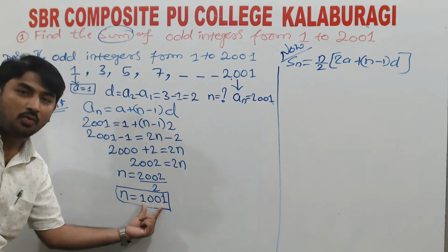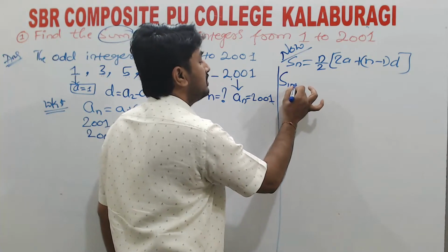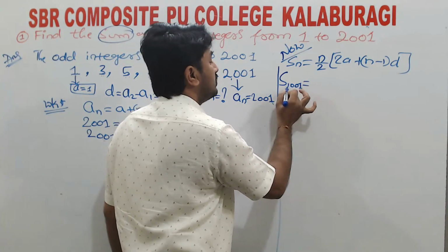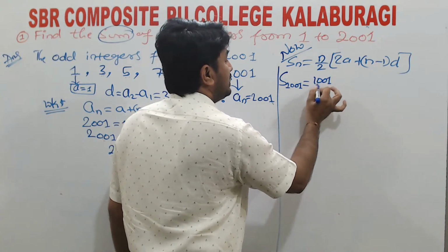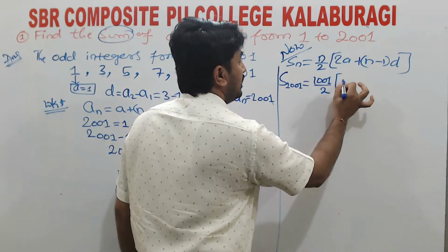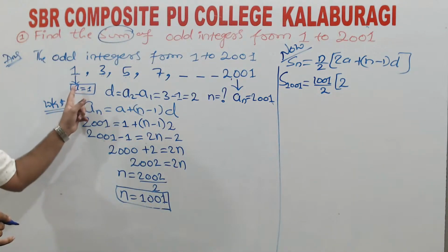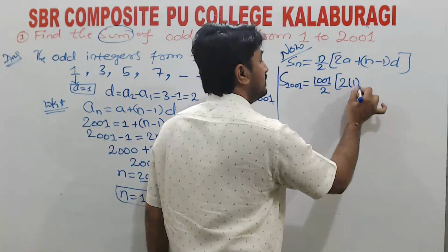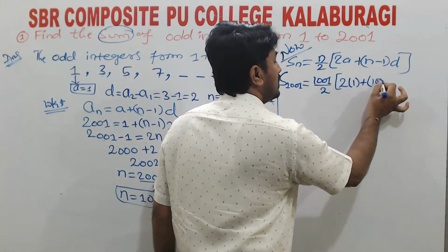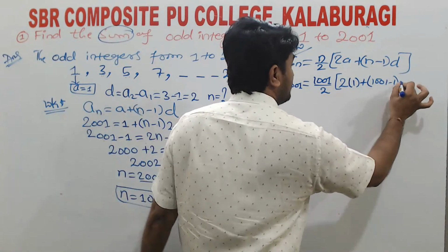So S1001 equals 1001 divided by 2, into 2 times the first term a equals 1, plus 1001 minus 1, and the common difference is 2.